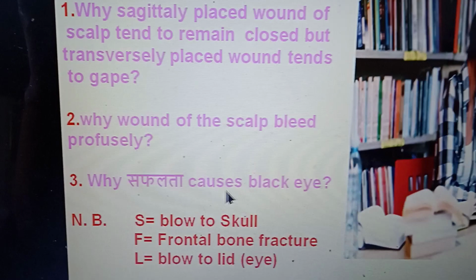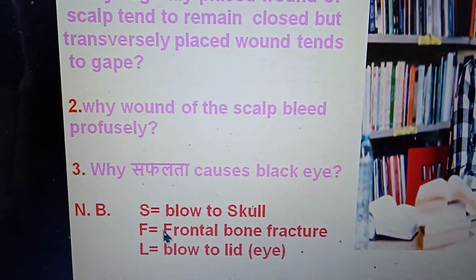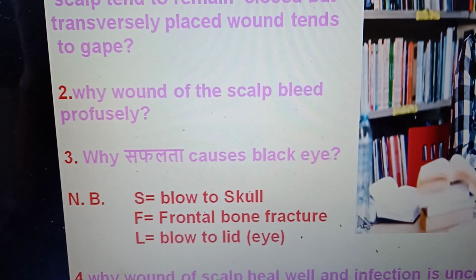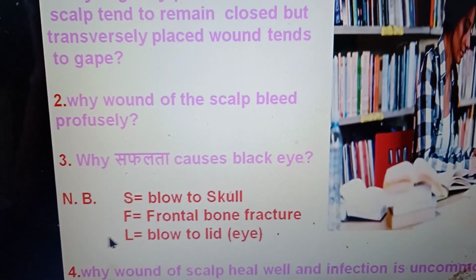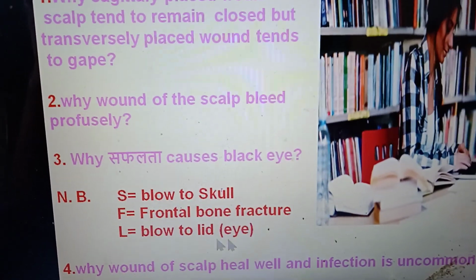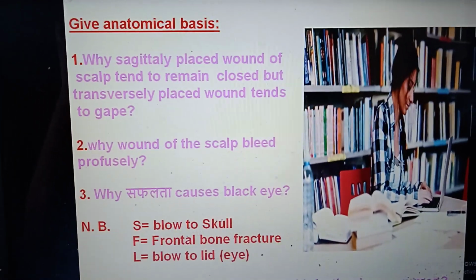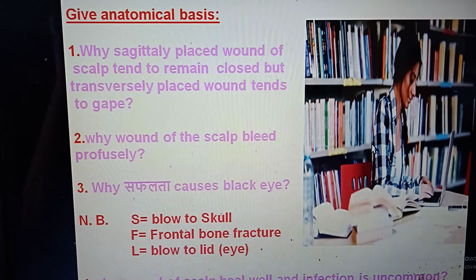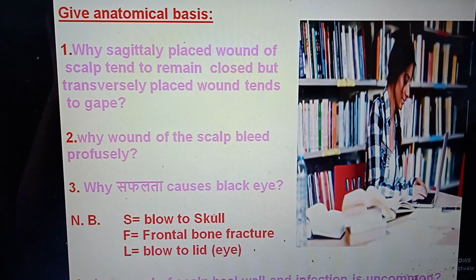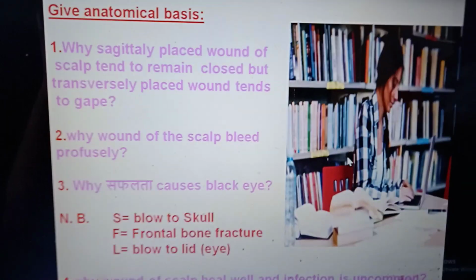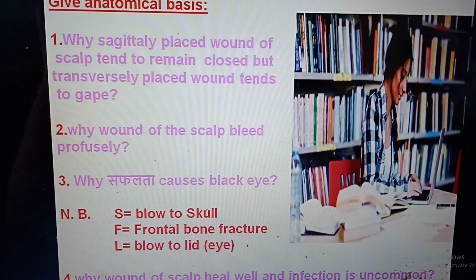Why fracture of frontal bone causes black eye? Now it is a mnemonic for this injury: blow to skull, F for frontal bone fracture, and blow to lid, L for lid, eyelid. That will lead to a black circle around the eye.